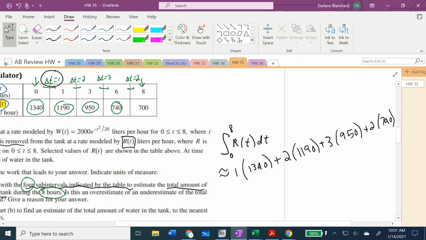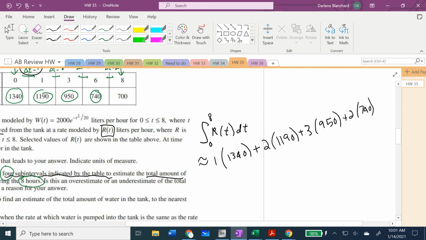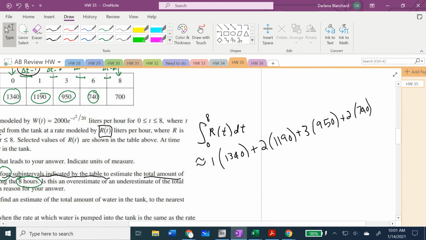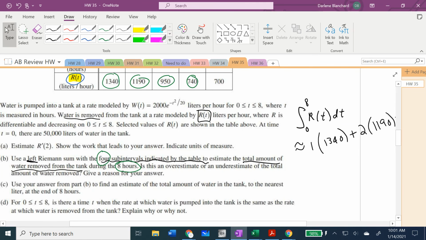You can leave your answer written this way, but you do have a calculator, but sometimes you type the wrong numbers. And this format is worth the full points for solving the Riemann sum. Now, it goes on and asks, is this an overestimate or an underestimate of the total amount of water removed?